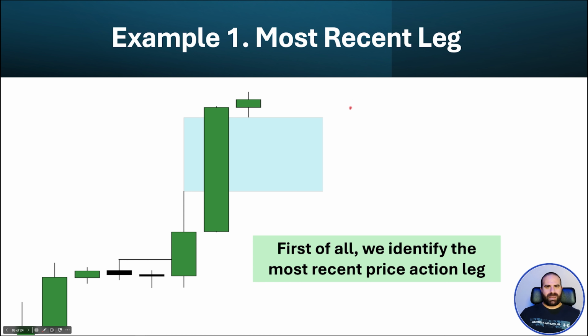In the previous video that I made the previous week, we were following the legs and we were not saying, if you recall, that if this breaks down, we are still in an uptrend and we are looking to buy.